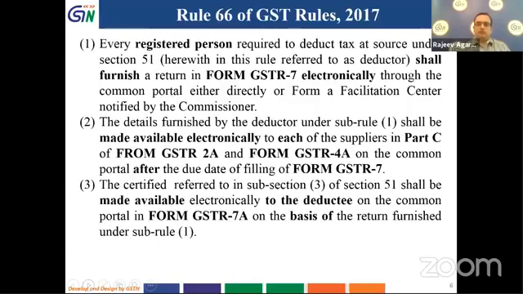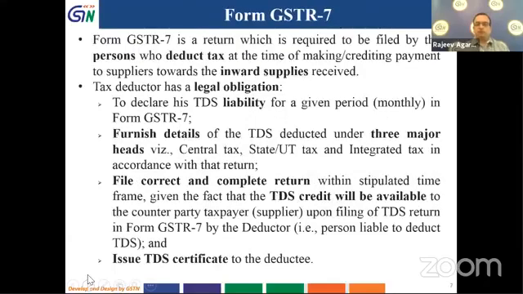Then the certificate referred to in sub-section 3 of Section 51 will be made available electronically on the basis of the action being taken by the supplier, and we will see that in detail later on. So Rule 66 talks about the form to be filled in Form GSTR 7 by the deductor, and it will be made available to the deductee.